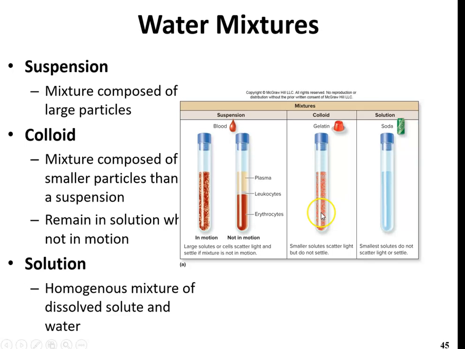A colloid has smaller solutes, but they don't settle. Whereas a solution is a homogeneous mixture of dissolved solute and water. So that's like we saw with the glucose being dissolved in water and water forming a hydration shell around it.